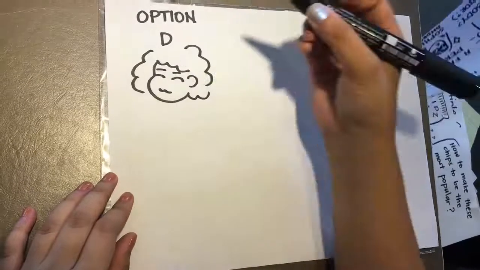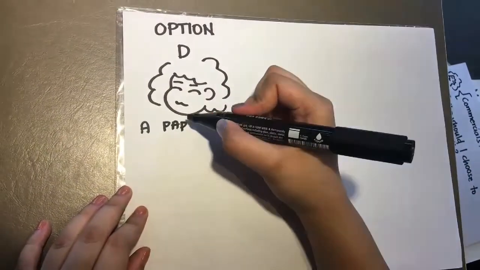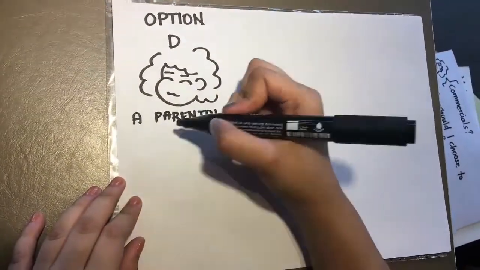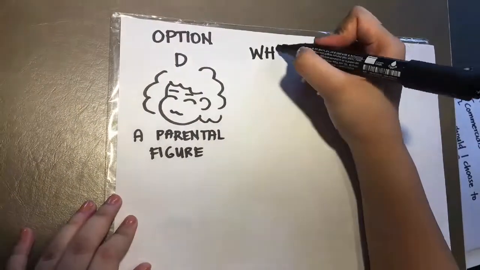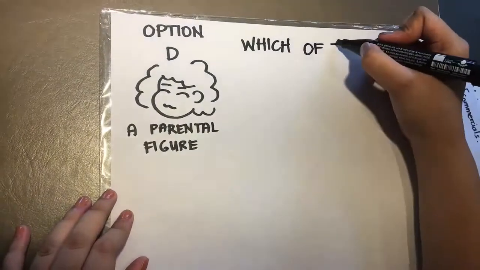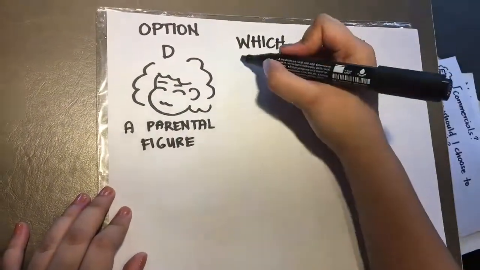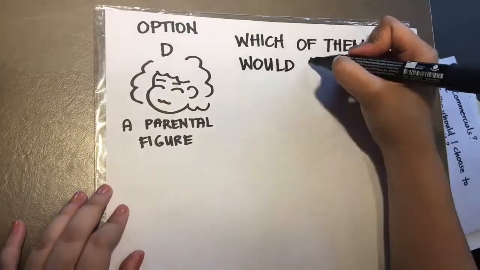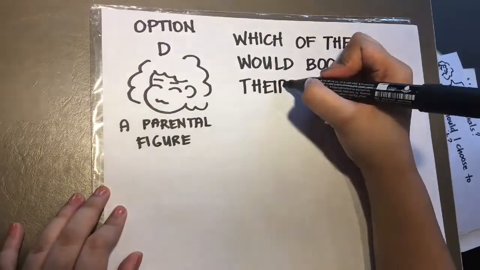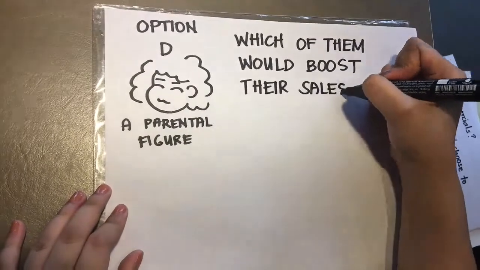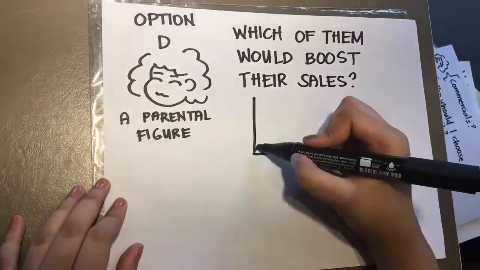Or should she go with option D, wherein Clara will hire a parental figure to promote her product for good measure? Which of these options will work the best for Clara?